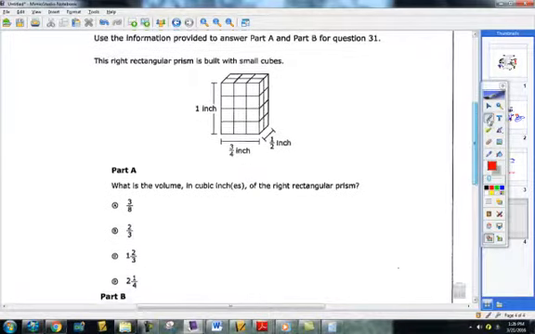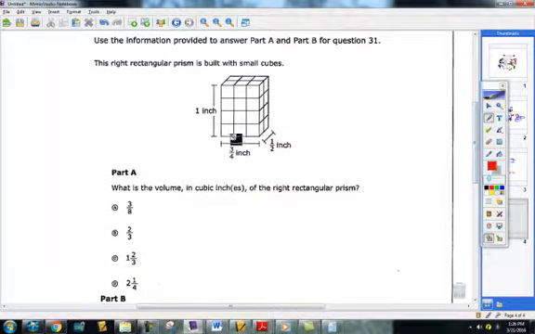Okay, here's another cube question. Okay, if you were to take these, and we got to figure out the volume. So again, here's my volume formula. I've got to find the area of the base shape. So again, I could call the base shape the front, the side, the top, whatever you want to call it. I'll just call the front my base shape.